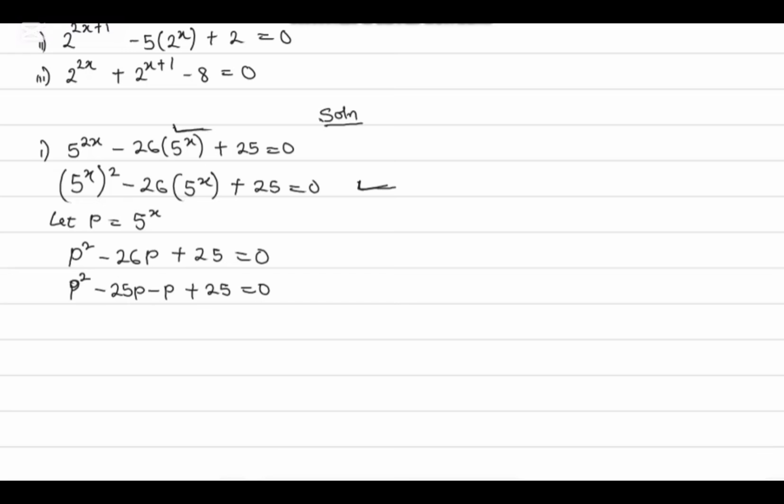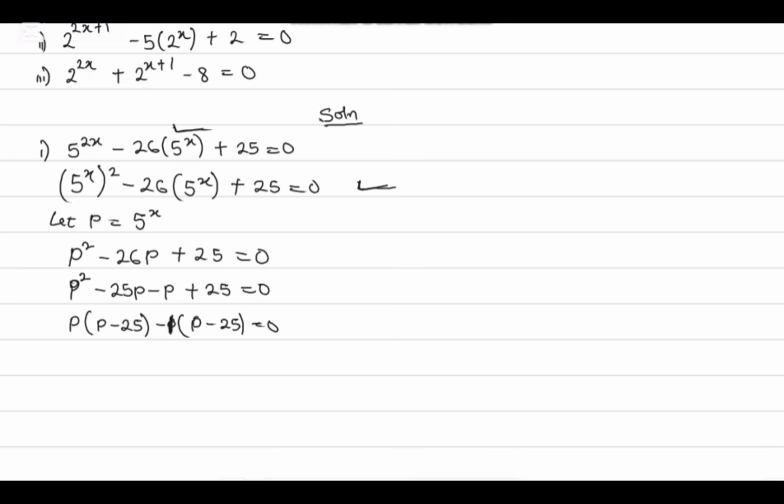And so now we have factorization. p minus 25, minus p, sorry, minus 1, then p again minus 25 equals 0.